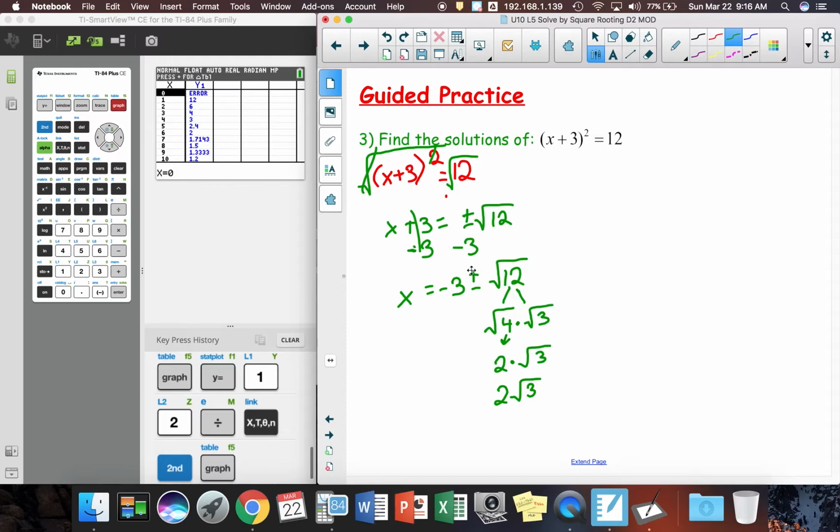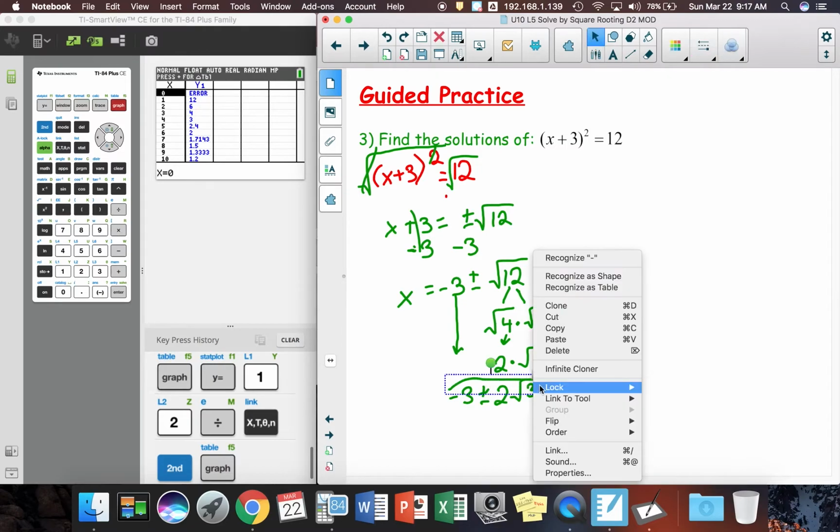Now remember, this minus 3 needs to come down, so draw my arrow. I'm going to write minus 3. Don't forget I have this plus or minus as well, so plus and minus. Now because this 2 is attached to this radical 3, I can't combine this negative 3 and 2. Can't do that.